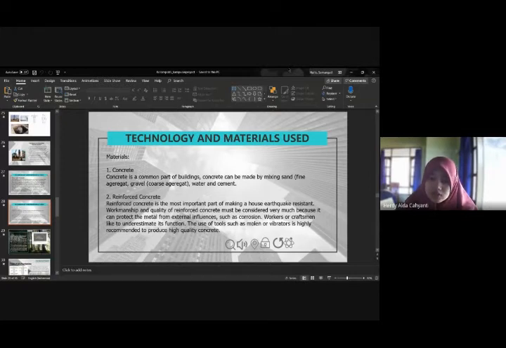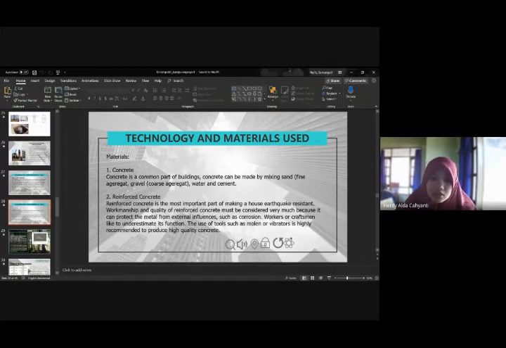Concrete can be variably set or poured, with aggregate, gravel or construction aggregate, and cement. Number two, reinforced concrete. Reinforced concrete is the most important part of making a house.